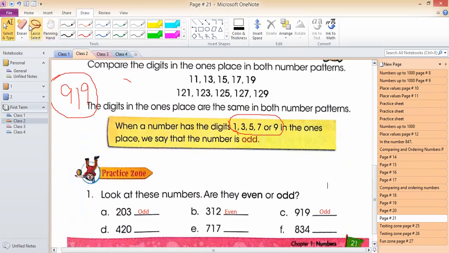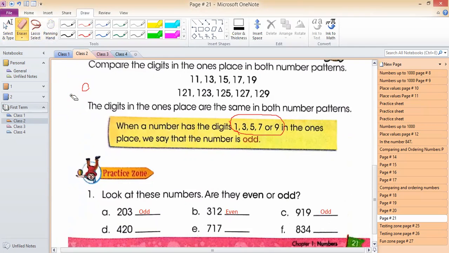Now, guys, 420. Is it an even number or an odd number? Yes. Very good, Muhammad Saleh, Ahmad Al-Kal, Amir, Anas Muhammad. Azam Saleh, very good.